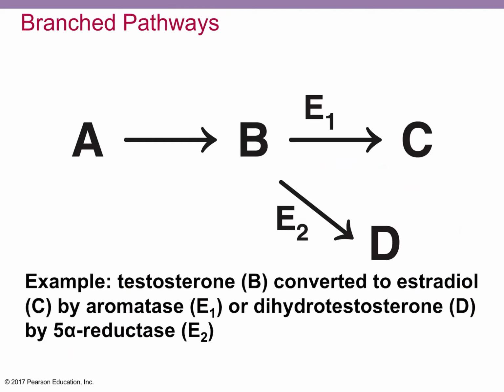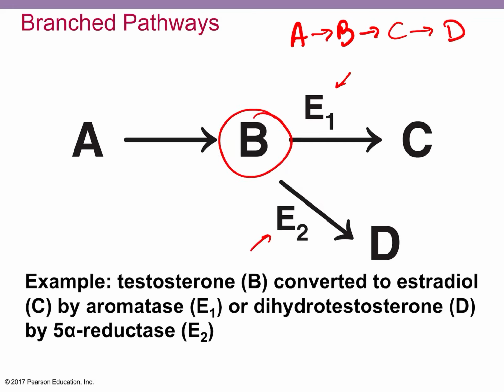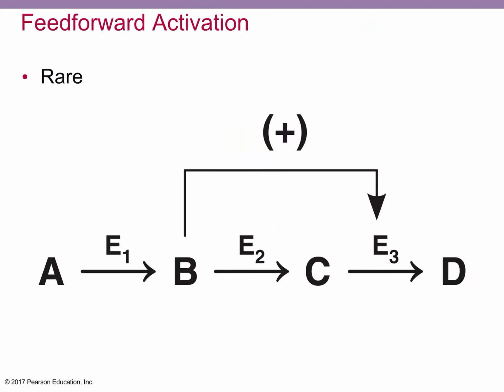And this is just something for you to think about, though. Some pathways, we talked about these metabolic pathways as being linear, right? But it doesn't have to be. It can be branched. So we can actually have two enzymes work on the same substrate, giving you different products. So this is a branched pathway. Feed forward activation, right?